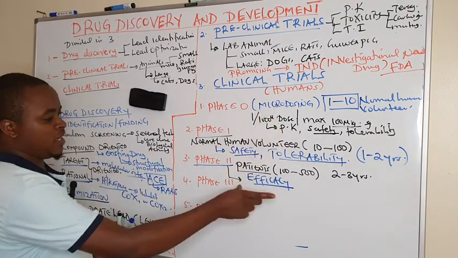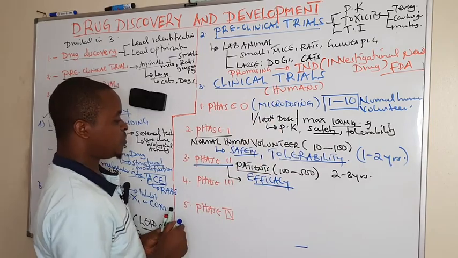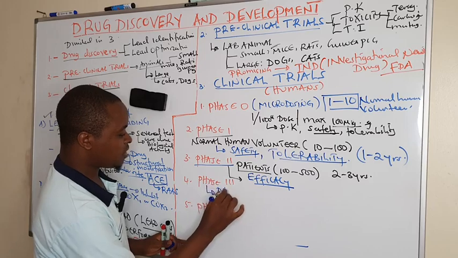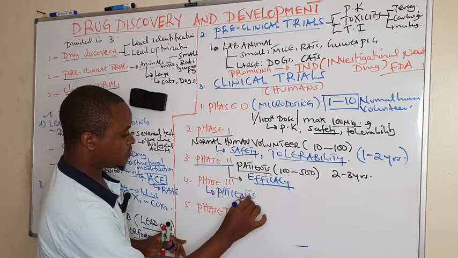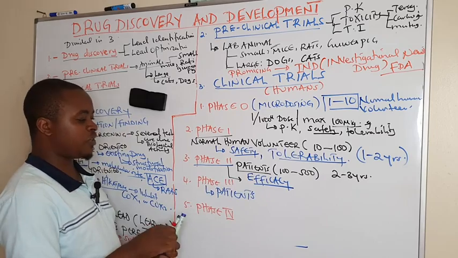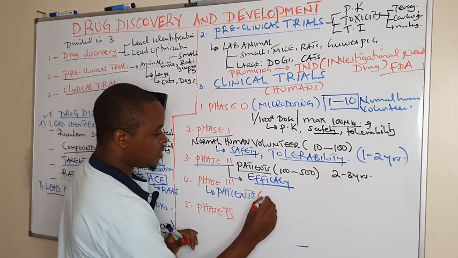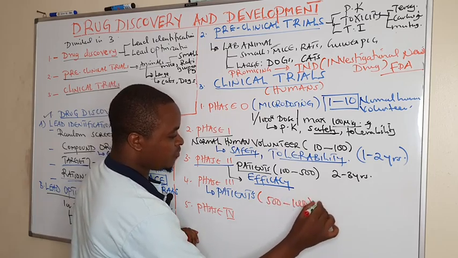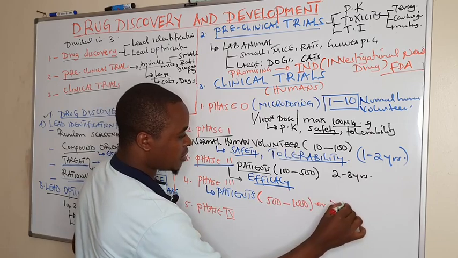So after determining the efficacy of the drug, we proceed to phase 3, and under phase 3 we are still doing it on patients. Here we use a large number of patients, between 500 to 1,000, or even greater than 1,000.